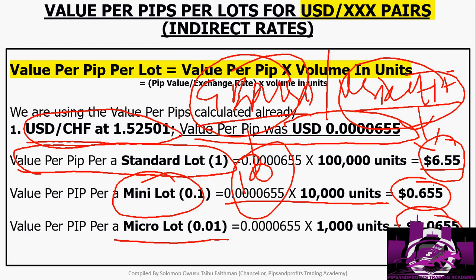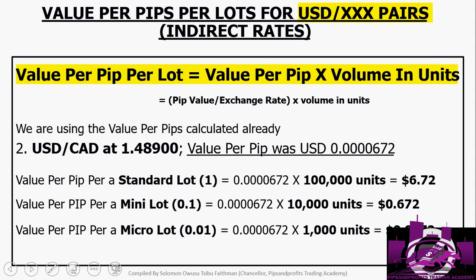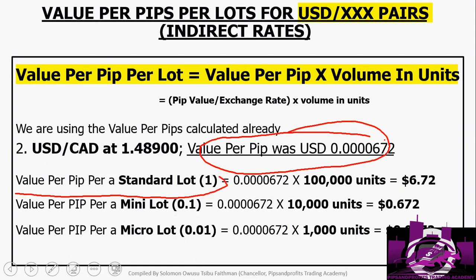Let's go to a different indirect rate pair with indirect rate and see what is happening. Okay, so USD CAD, we did the calculation for USD CAD, and then we had the value per pip to be this. So if you want value per pip, that is one move, the value for one move.